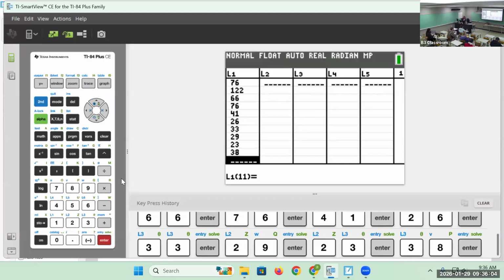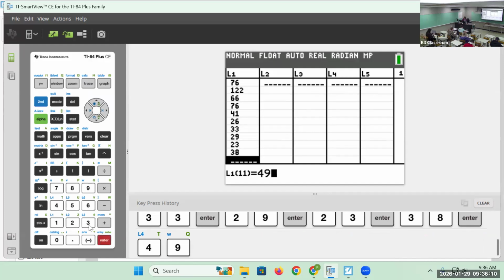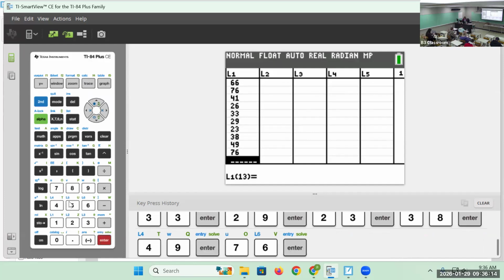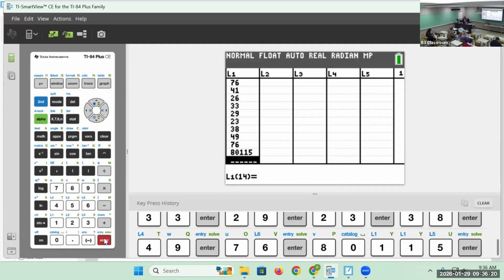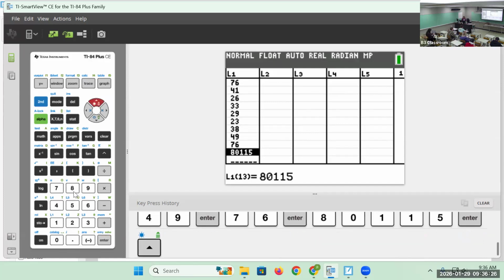So now I'm going to go and enter the second column in the same list. So I'm just going to continue there, 49, 76, 80, 115. And if you make a mistake, if you catch it right away, don't be afraid, just move up and override it.